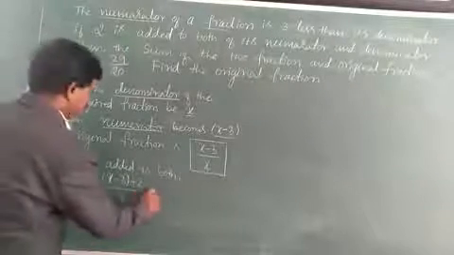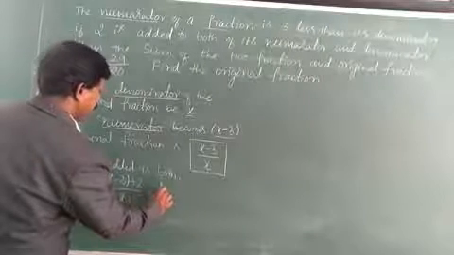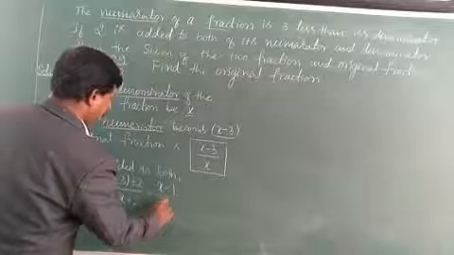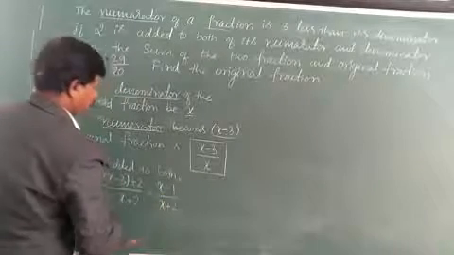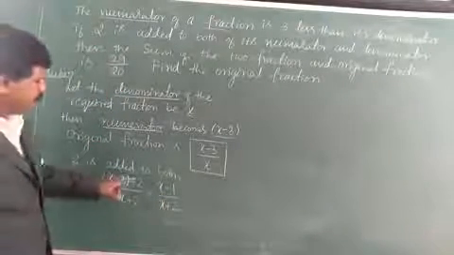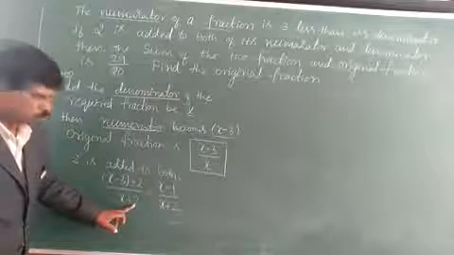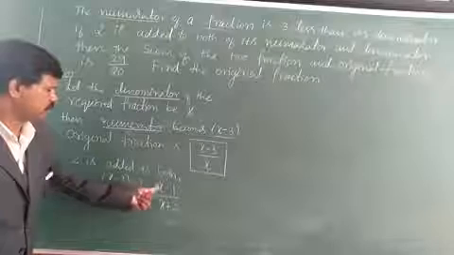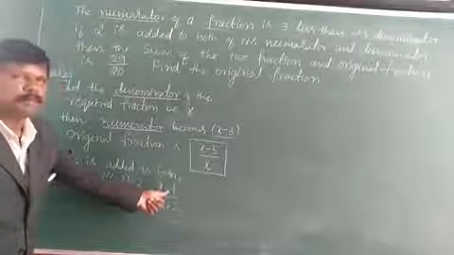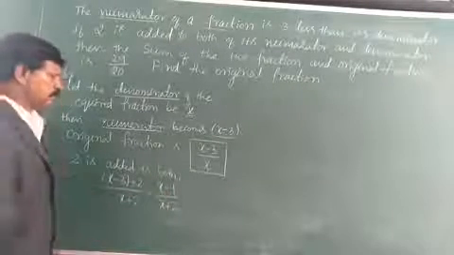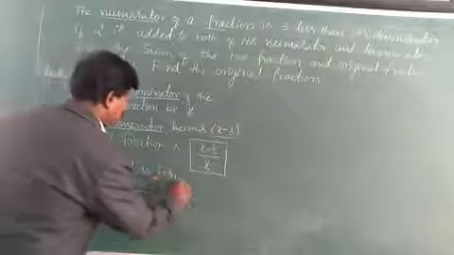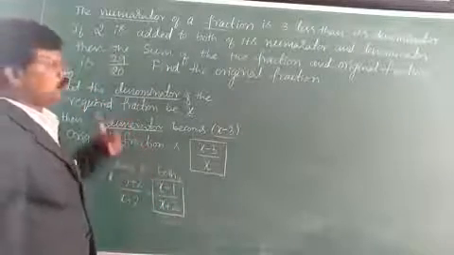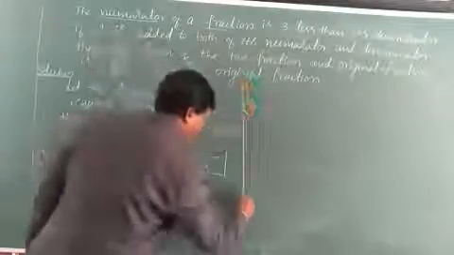So when you add this, it becomes x minus 1 by x plus 2. Simplifying, minus 3 plus 2 is minus 1, and 2 plus 0 is 2 in the denominator. So this is the other fraction after adding 2 to both numerator and denominator.